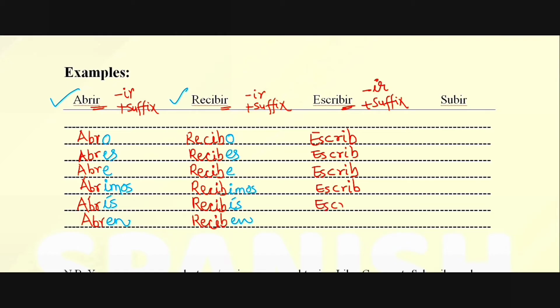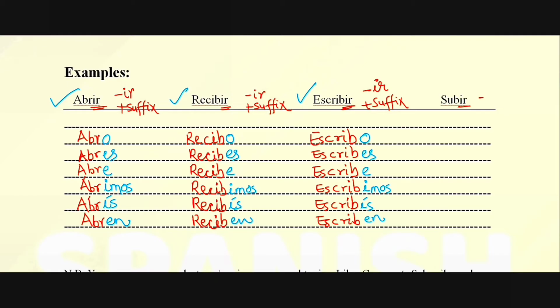We have 6 conjugations, that's why we are writing it 6 times. Now add suffixes in blue. O, es, a, emos, is with accent, en. Escribo, escribes, escribe, escribimos, escribís, escriben.